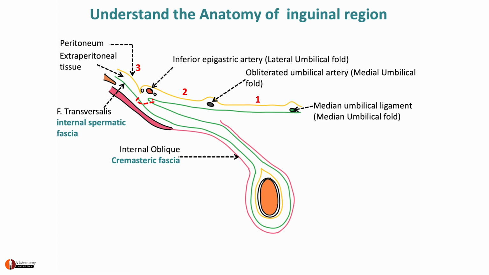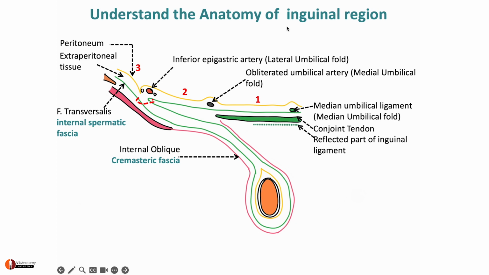This therefore lines the inguinal canal. The fibers of internal oblique and transversus abdominis medially help to form the conjoint tendon, which is present here. Remember, this is the midline. This is the reflected part of the inguinal ligament, which is also present in front of the conjoint tendon.